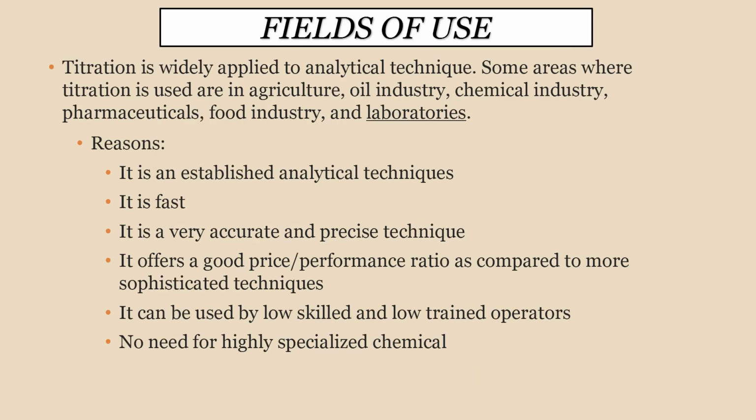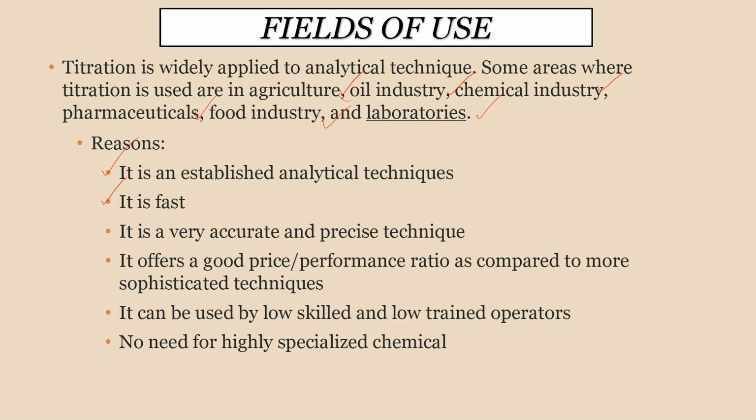Okay, so fields of use. Titration is widely applied in analytical techniques, particularly when you want to identify the concentration of unknown substances. It is particularly useful in agriculture, the oil industry, the chemical industry, pharmaceuticals, the food industry, and in our case, laboratories. The reason is that it is a well-established technique, meaning there are many protocols and procedures, and there are lots of ways to perform titration.